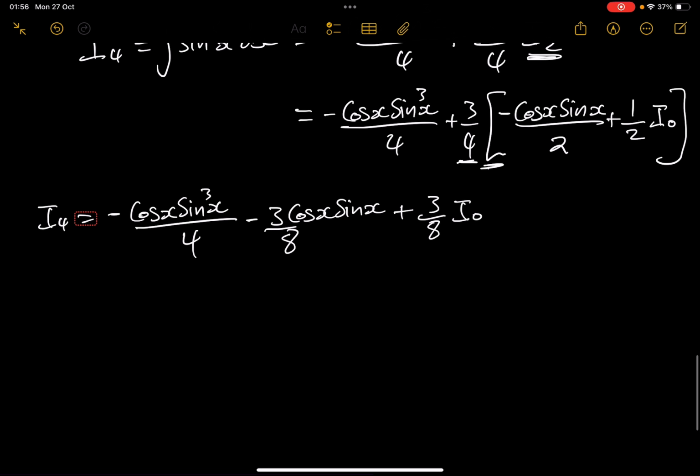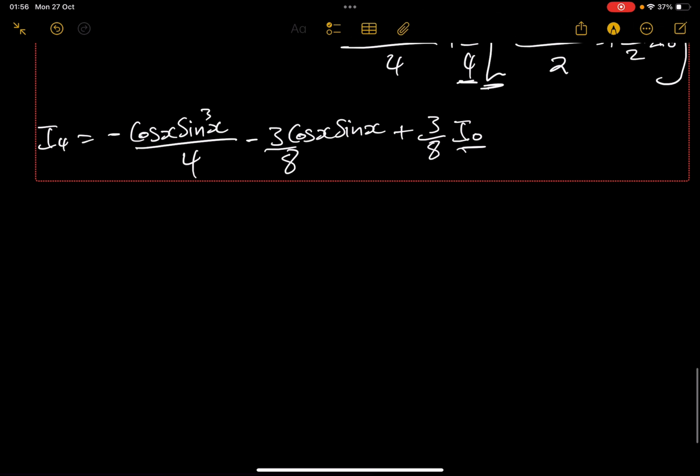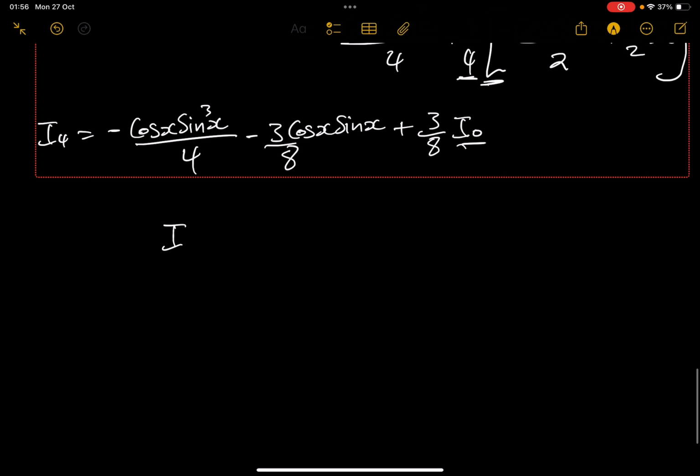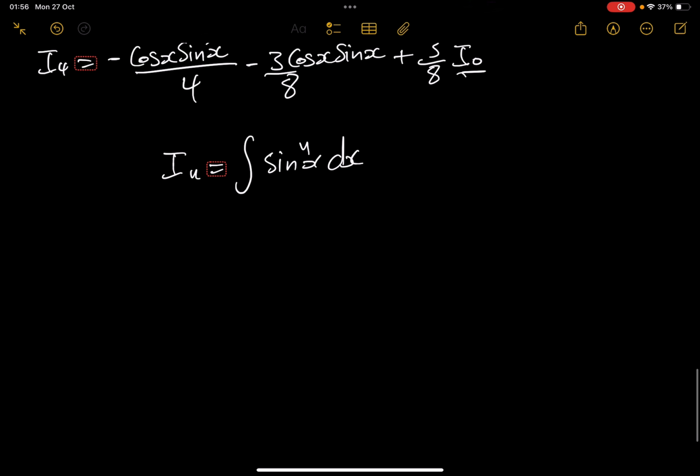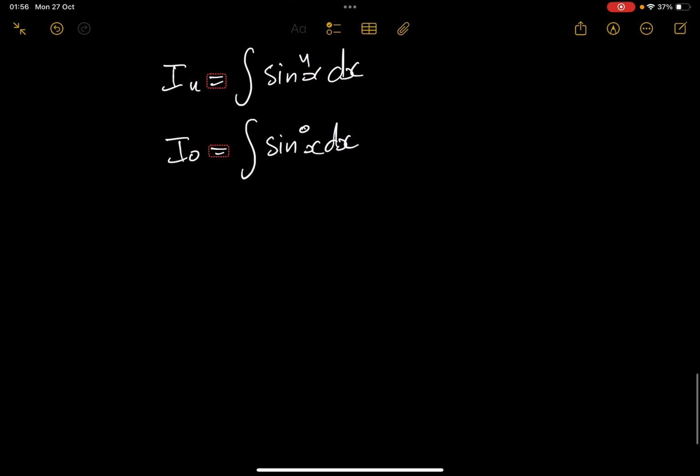So now the question is, we're still not done. What is I_0? Remember, if we're saying I_n is equal to the integral of sin^n x dx, which means I_0 is equal to the integral of sin^0 x dx, right? Anything raised to the power 0 is 1.